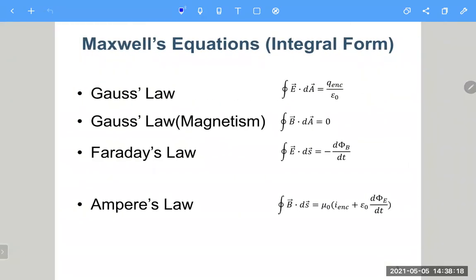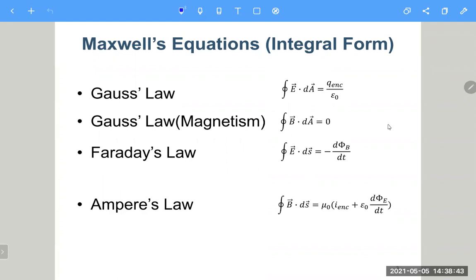So up till now, here we can see the Maxwell equations, and it is called the integral form because on the left-hand side, for the two Gauss laws, we have a surface integral. And for Faraday's law and Ampere's law, we have the line integral on the left side.